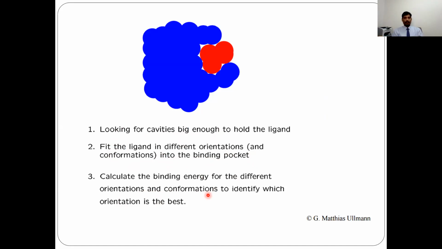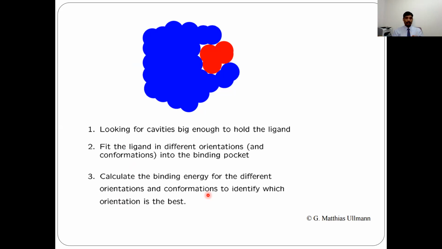The second one is fitting the ligand in different orientations. Hundreds and thousands of orientations of the ligand are possible. Which orientation fits best to bind to the target active site? That is the second one. The algorithms are there.